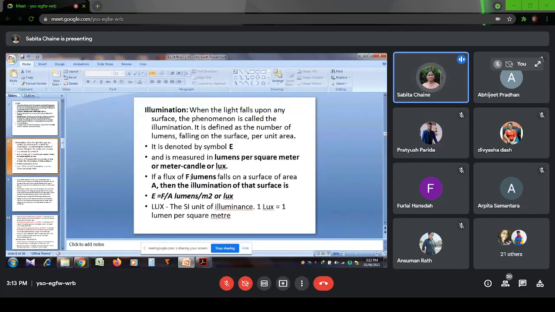If any flux F falls on the surface area A, then we can calculate the illumination of that surface. The unit of illumination is lux. 1 lux equals 1 lumen per square meter.